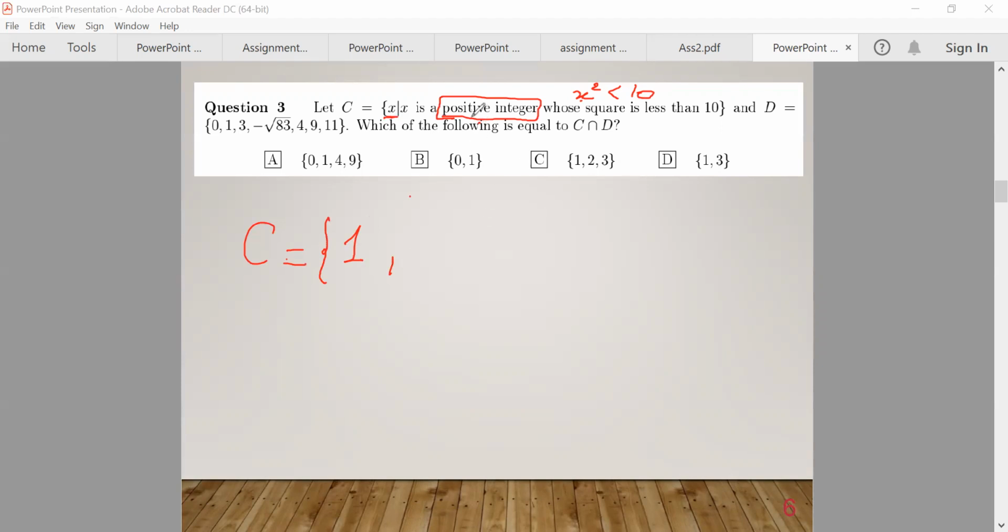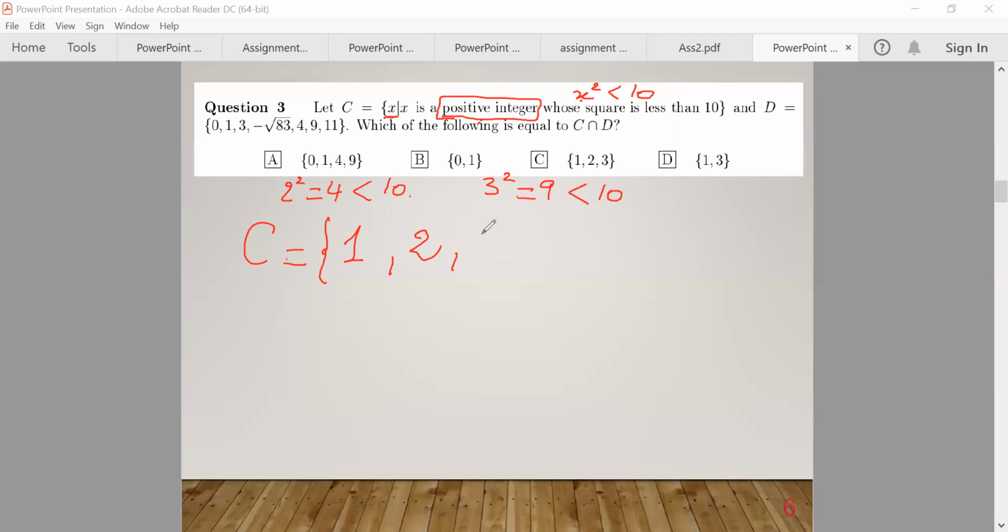2. 2 is a positive integer. The square of 2 is 4. So 2 is an element of this set because 2 squared is 4, less than 10. 3. 3 is a positive integer and 3 squared is 9. It's less than 10.